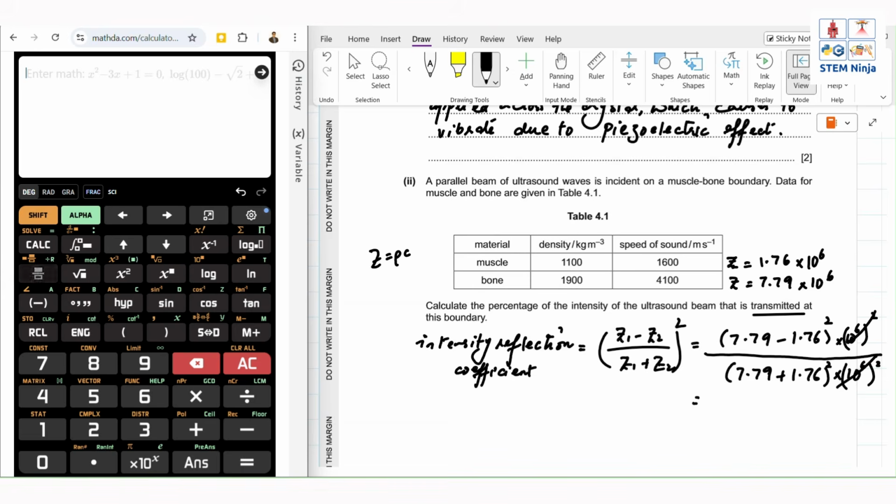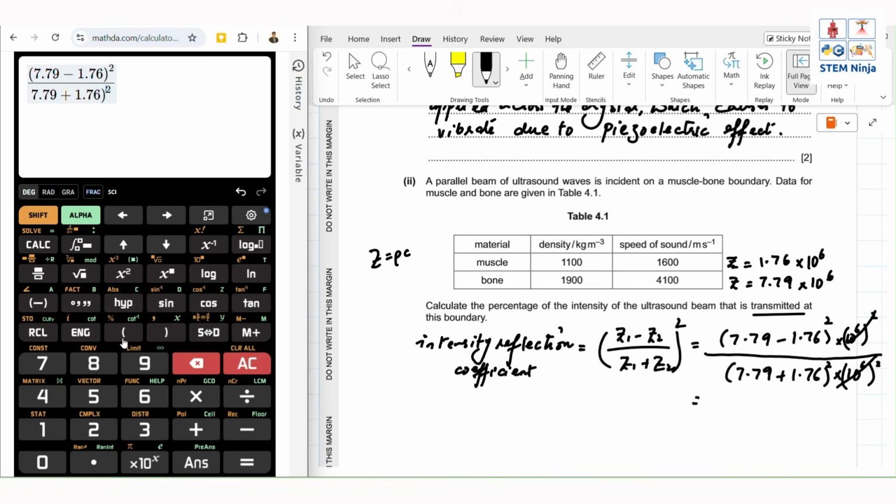So (7.79 minus 1.76) whole squared divided by (7.79 plus 1.76) whole squared.